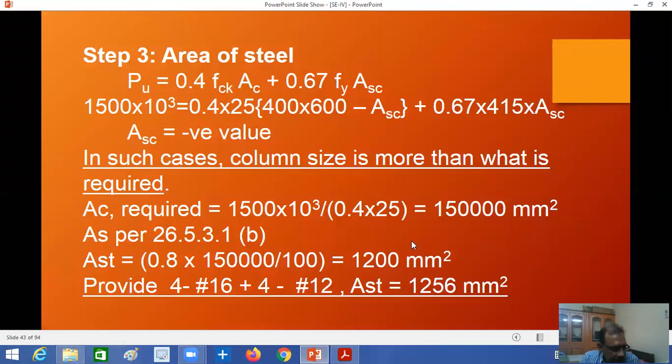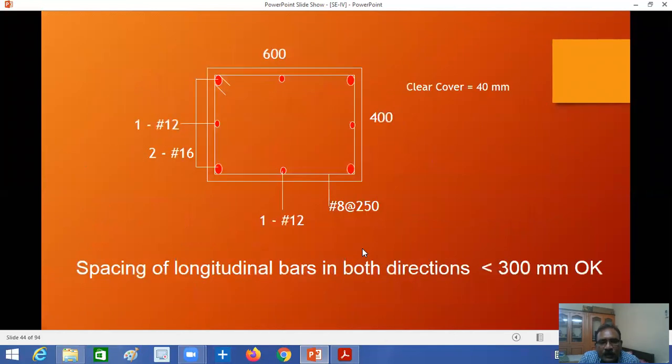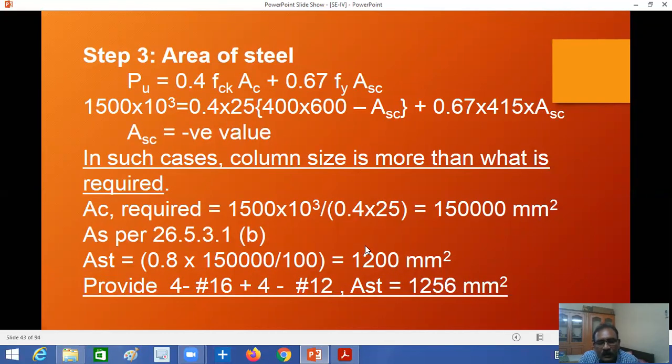So 1200 mm square required. So to meet this 1200 mm square, provide 4 bars of 16 mm and 4 bars of 12 mm. You will get a total area of 1256 mm square, which is more than the required 1200 mm square. Okay, see, as per clause we have calculated.